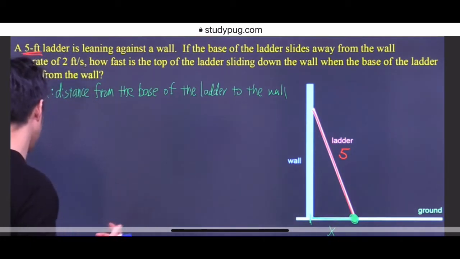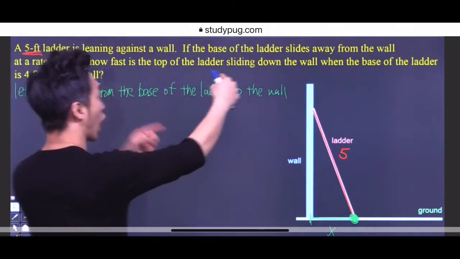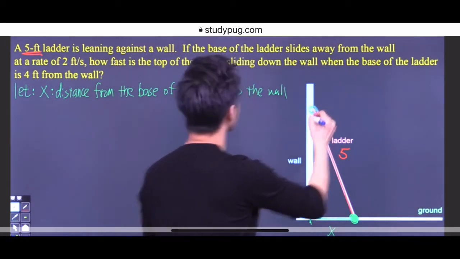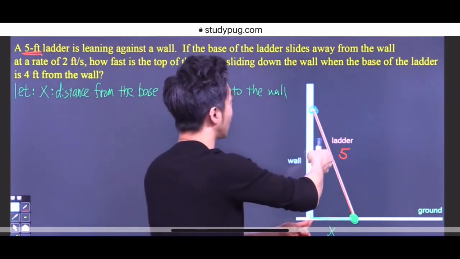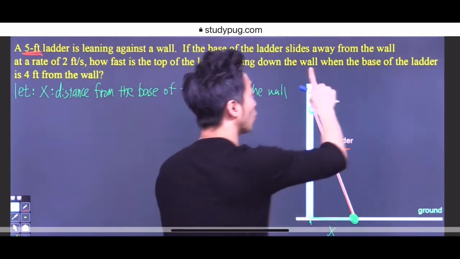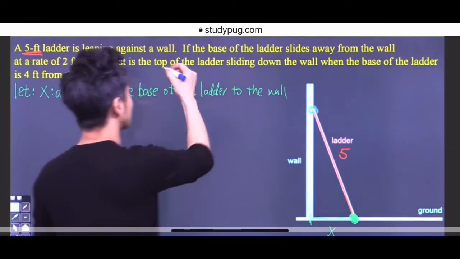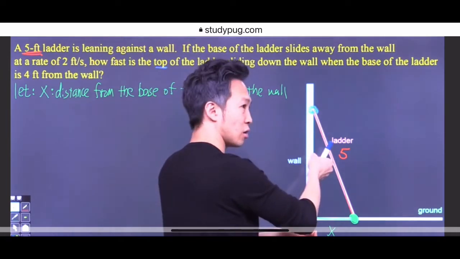Now, let's keep going. How fast is the top of the ladder? So top of the ladder is right here, right? So how fast is the top of the ladder sliding down the wall when the base of the ladder is 4 feet from the wall?